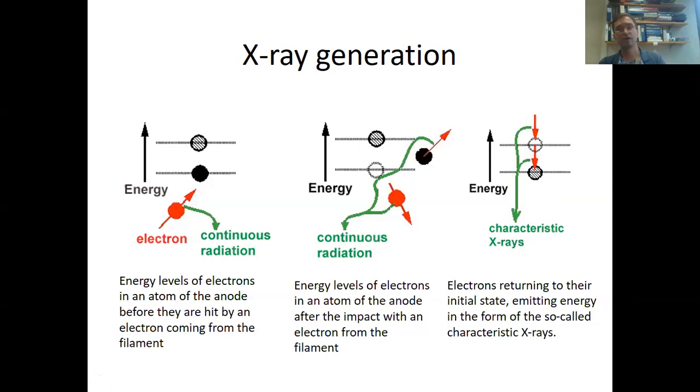Therefore, these are called characteristic X-rays. The continuous radiation is sometimes also called Bremsstrahlung because of the deceleration of the electrons, which is uncharacteristic, whereas the characteristic radiation comes from the discrete electron transition from a more outer shell to a more inner shell.